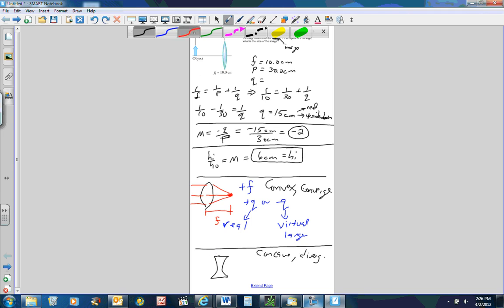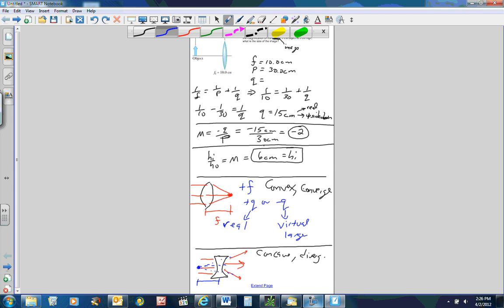And so light rays that come in parallel with the optical axis here are going to go out like this. And theoretically, if this is done right, we should be able to make dotted lines back this way, and they all make what we call a negative focal point.